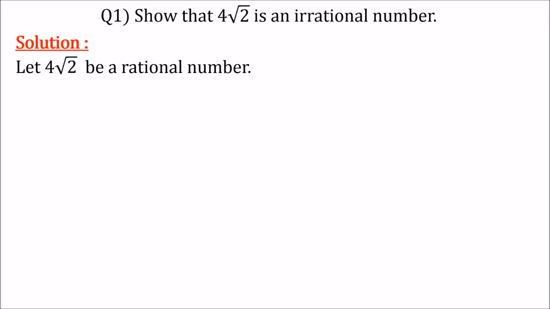It means 4 root 2 equals m upon n, where m upon n is a rational number. I have assumed that 4 root 2 is a rational number, and here m upon n is a rational number.